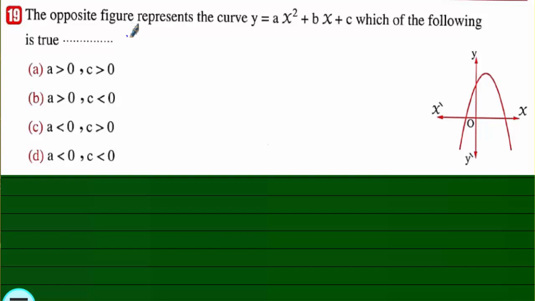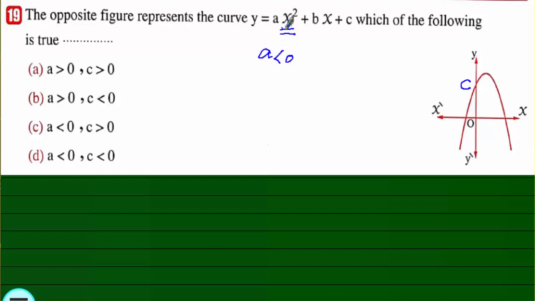Question number 19. The opposite figure represents the curve y equals ax squared plus bx plus c. Which of the following is true? Here, this curve is opened downwards. So the coefficient of x squared, it is a, must be less than 0. Okay? And it passes through the point 0 and c.